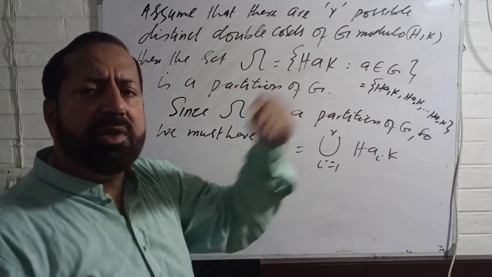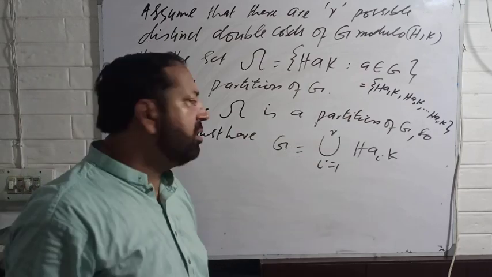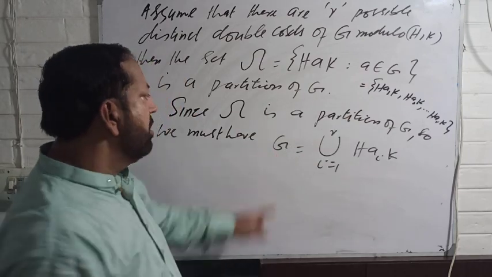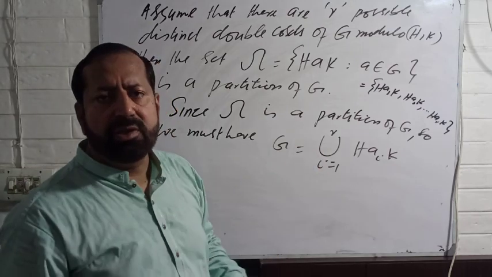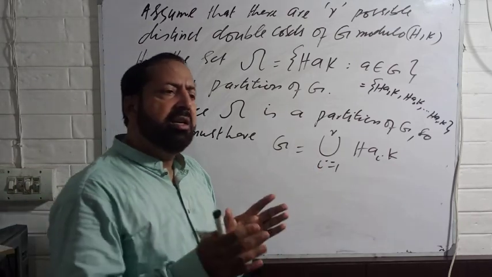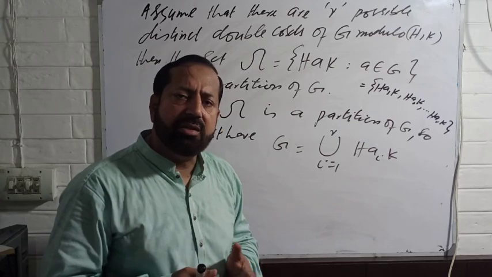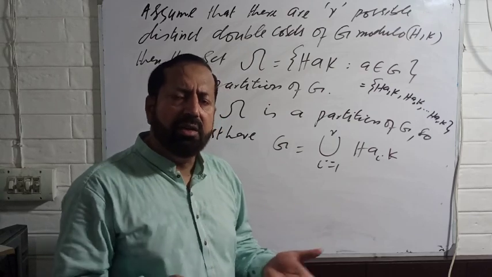If you take the union over the entire partition, then you will get G. Then by inclusion exclusion principle, because HAiK intersection HAjK is empty as well, that's why.